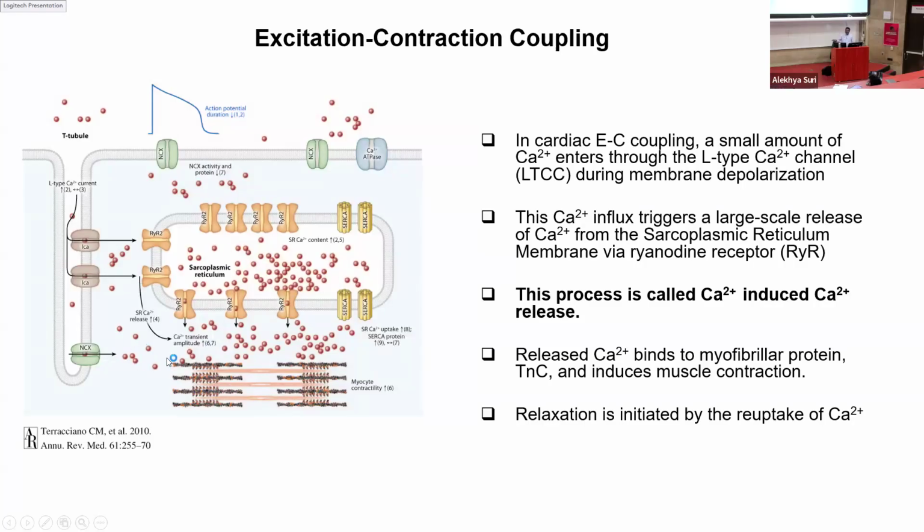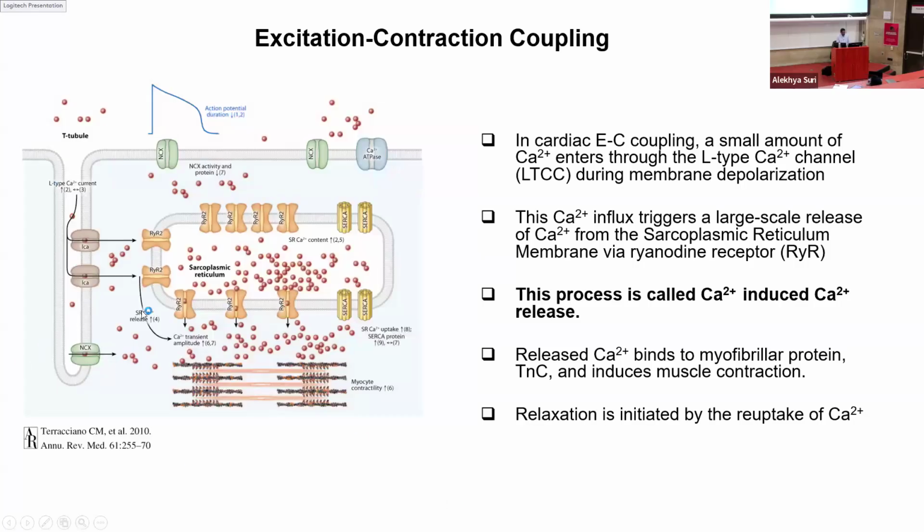Then that calcium binds to the contractile protein troponin C and stimulates the actomyosin interaction. Once the muscle contraction has started, the calcium will be taken back into the sarcoplasmic reticulum by the SR calcium ATPase, or SERCA pump, and then the muscle will start to relax. So this is the calcium cycle associated with muscle contraction.